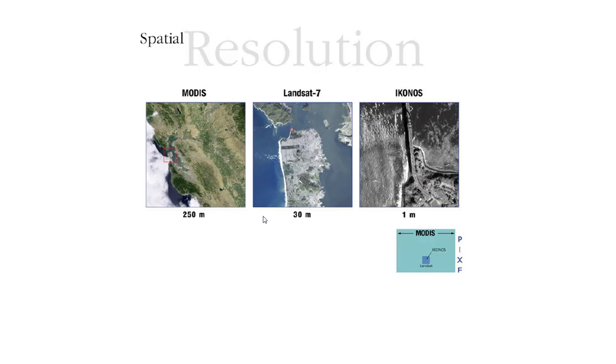Let's just take a look at 3 common satellite programs. The first one is MODIS, and that's 250 meter resolution. At that resolution we can kind of make out large areas of geography, say a large river perhaps. We can make out valleys, but we can't necessarily make out distinct separation of small parts of a city versus a non-urban area.